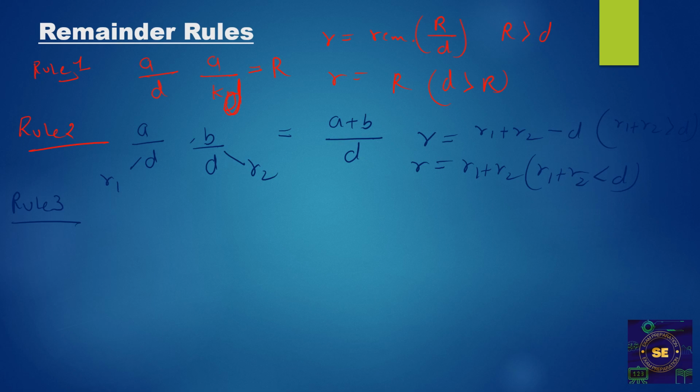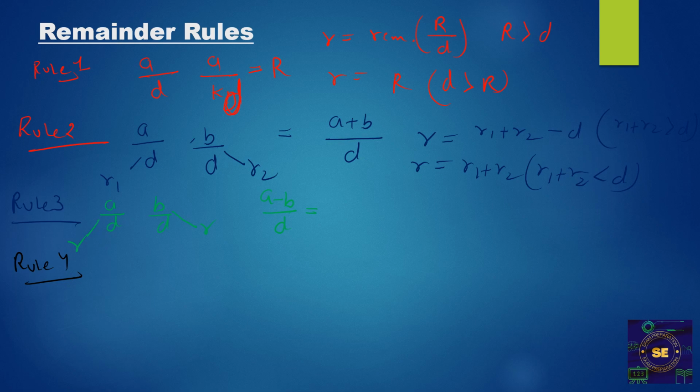When two numbers, a by d and b by d, give the same remainder, so the remainder of a by d is r and of b by d is also r, then the difference a minus b when divided by d will give no remainder, because it will be exactly divisible by d. So the difference of those two numbers will be exactly divisible by d. Now let's see rule number 4.